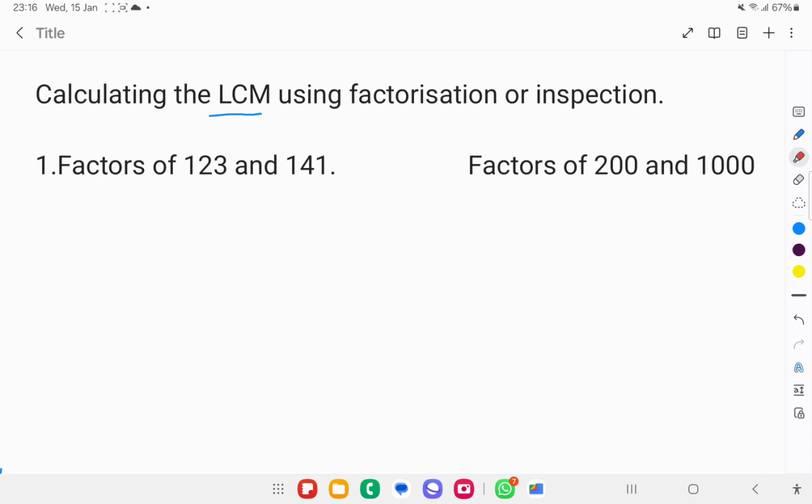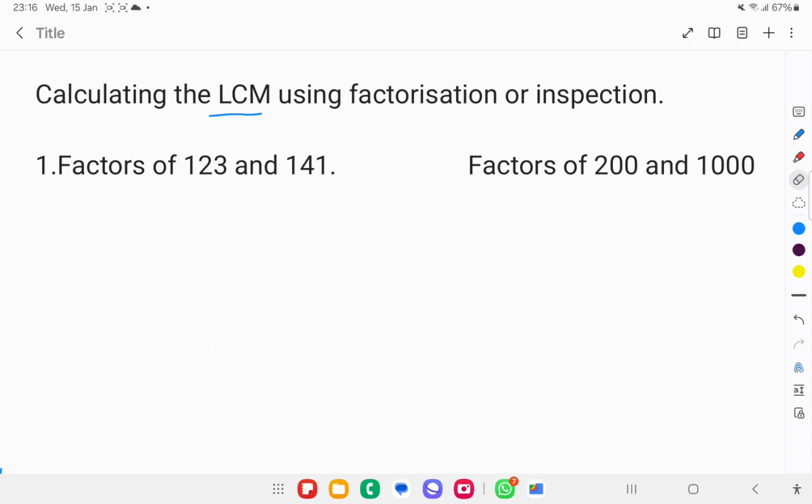Now, which factors should you use? You should use the prime factors. Now, prime factors are factors which are prime numbers. For example, if your factors consist of 3, 5, 7, then these are prime factors because these numbers are prime numbers.